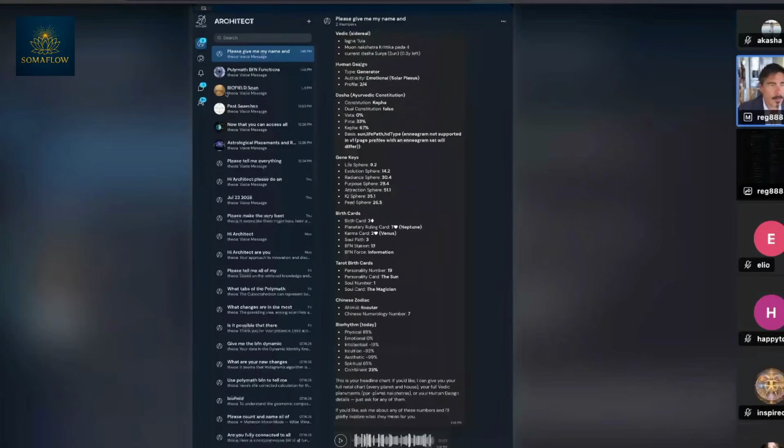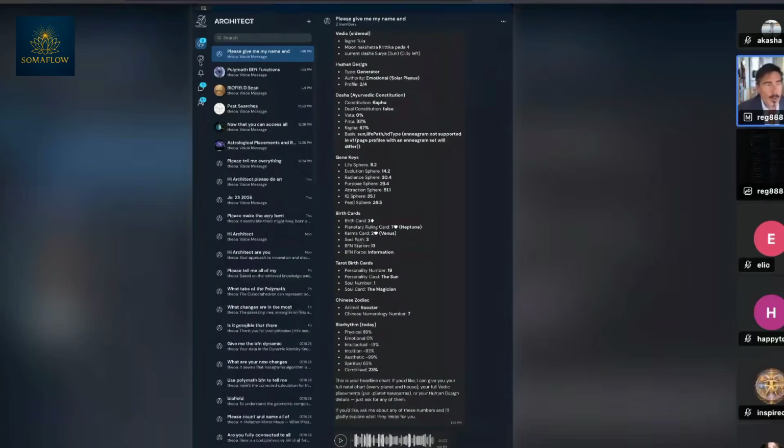Basically, this is connected to the polymath calculator, fully connected. So this thing is nuts. It has so much more ability. We're still scratching our heads over it, trying to understand it.